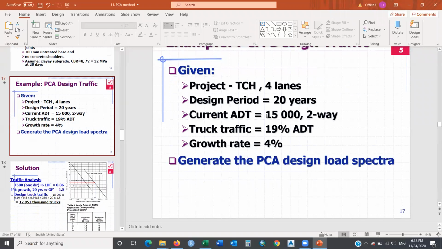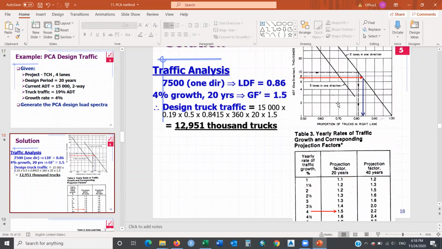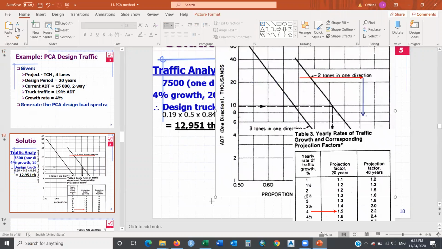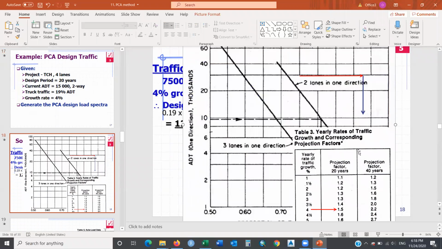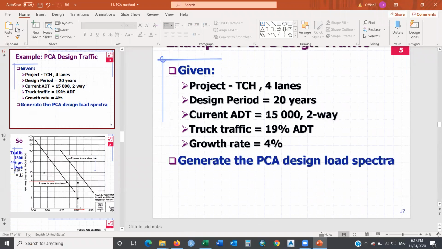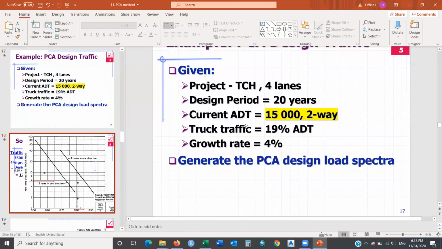Now, remember, we have 15,000 vehicles two ways. We will go into this table here, and we're going to have in one direction 7,500 because the two directions are 15,000.